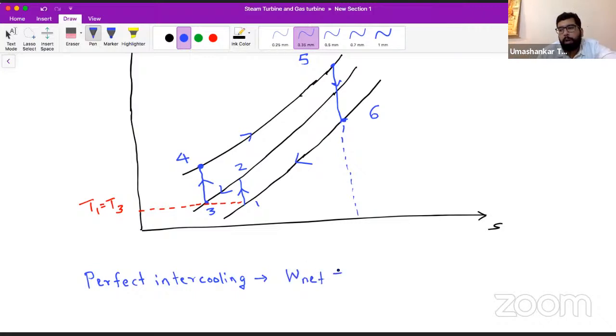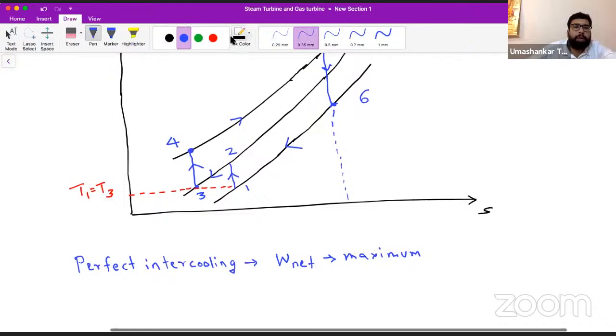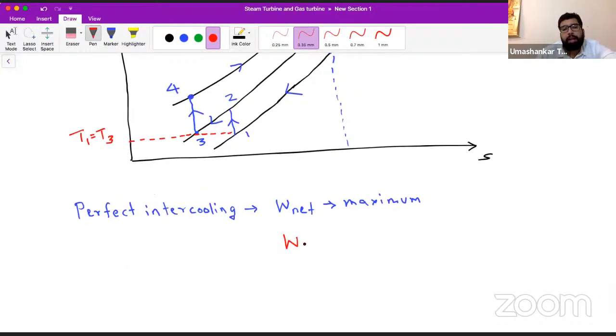When we talk about the perfect situation, the perfect thing would be when we are getting the maximum output. So obviously in perfect intercooling, we are going to get the maximum network. So in order to get the network as maximum, we require the compressor work to be minimum.